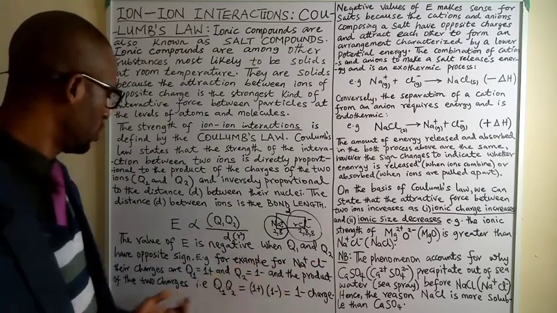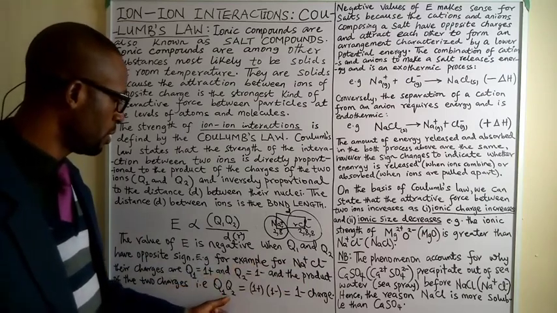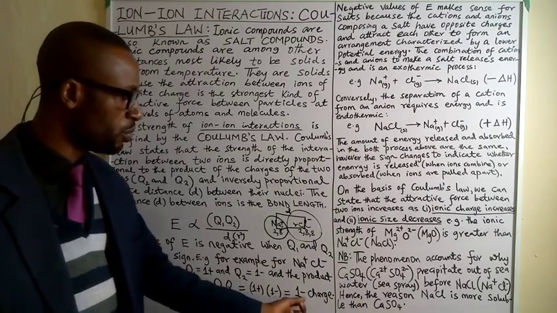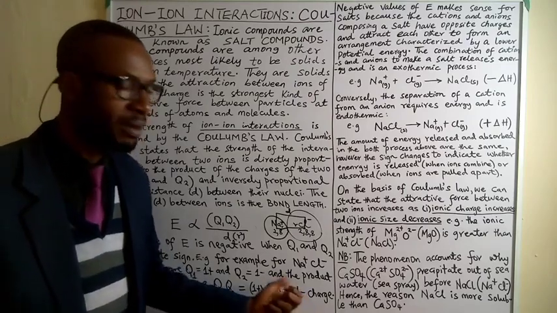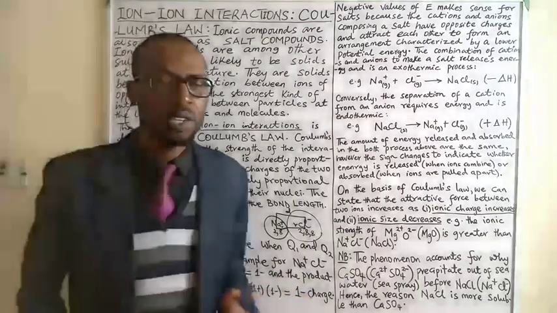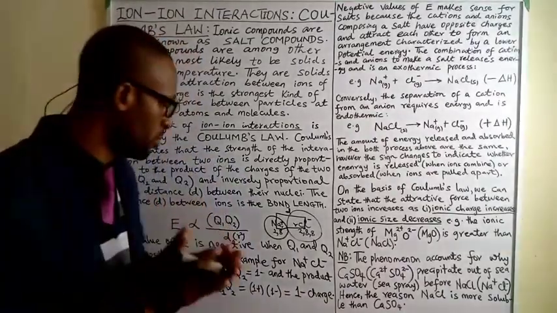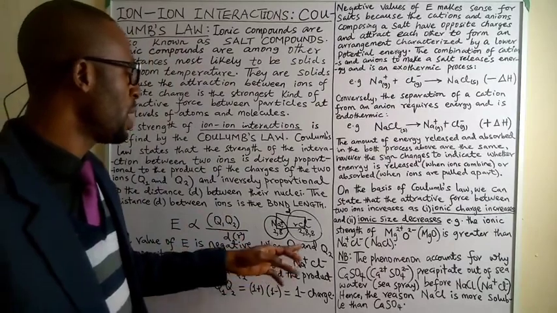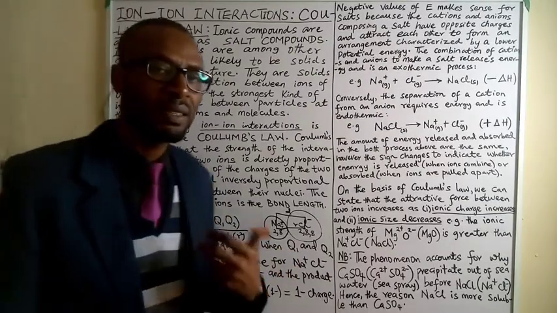The product of the two charges, Q1 Q2, is 1 plus multiplied by 1 minus, which gives us a 1 minus charge. So, to say it again, the value of E is negative when Q1 and Q2 have opposite signs.